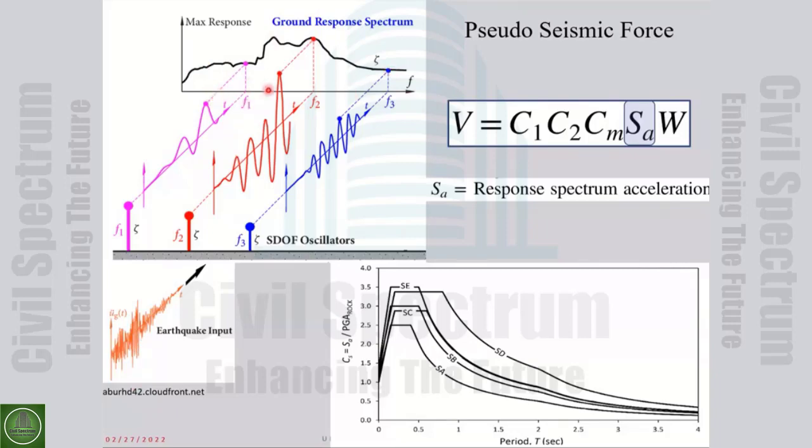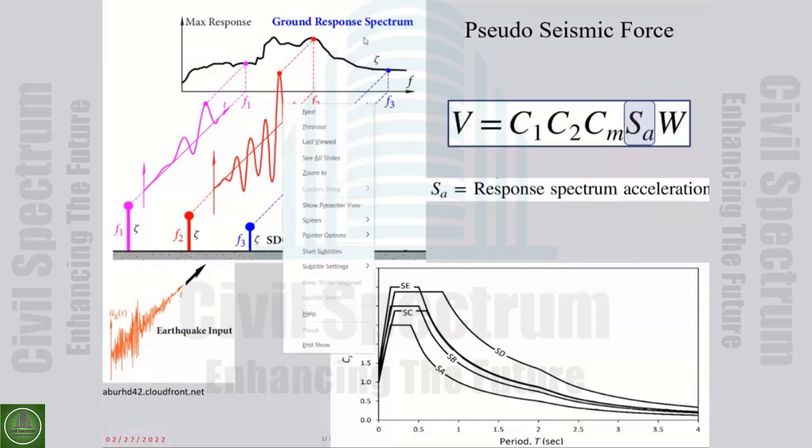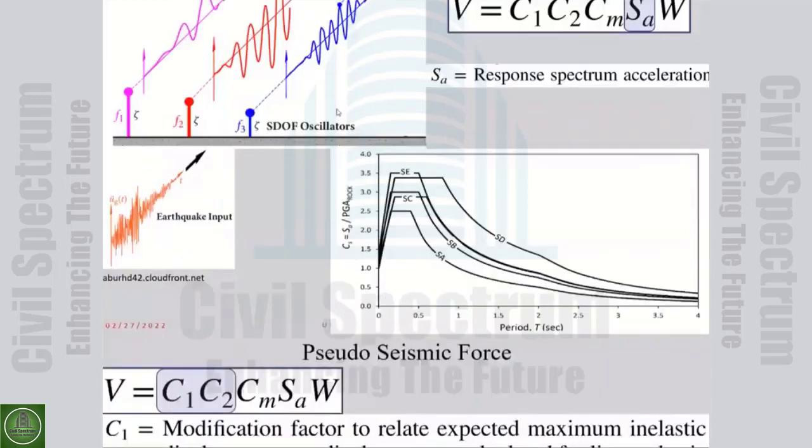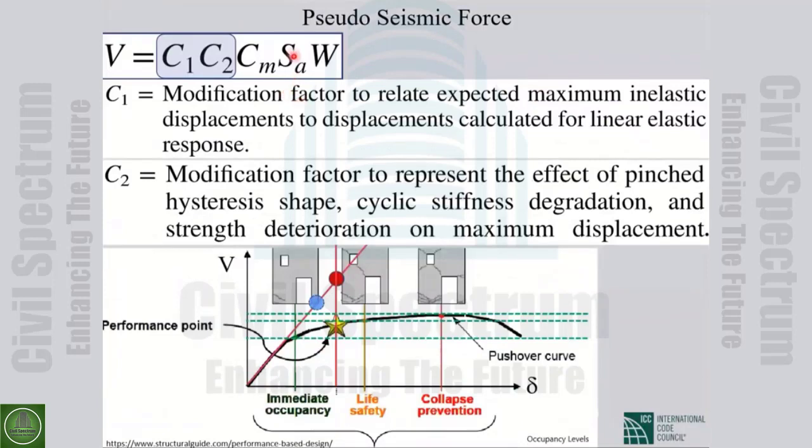Then for every building with each period, we can find the expected maximum acceleration. Very good, so that's easy. We have it. This part is done. This part is really an input to our study. They will provide it to us, or a team will provide it to us.